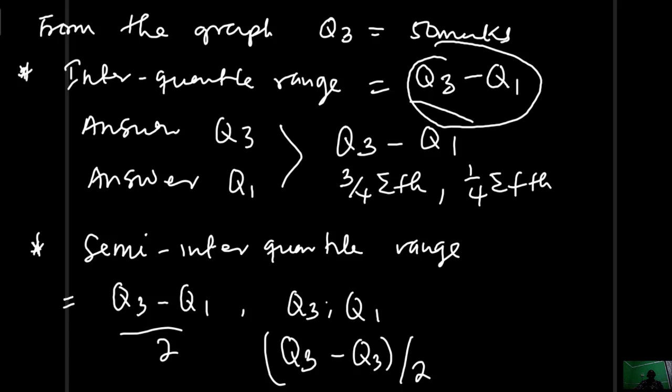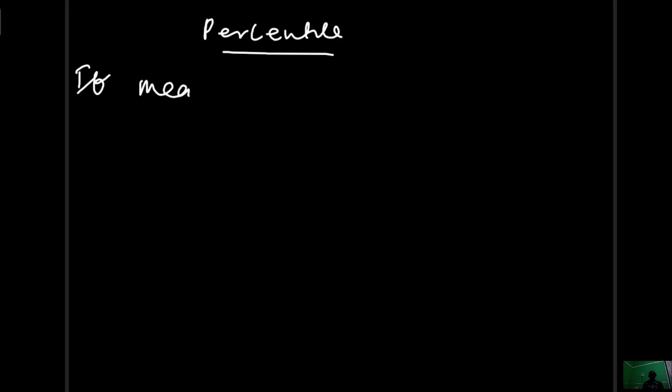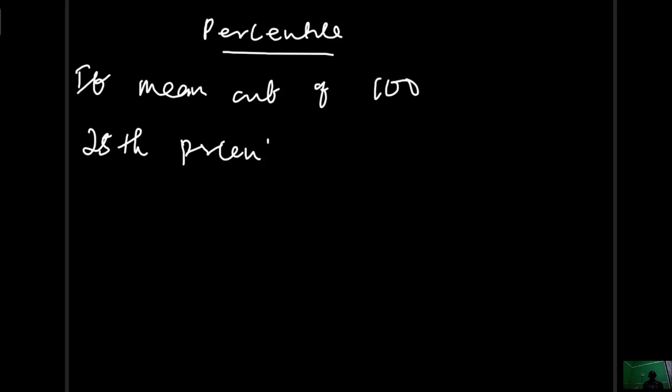Let's look at percentile. Percentile means out of 100. So when they give you the 25th percentile, it's just 25/100 sigma f position.